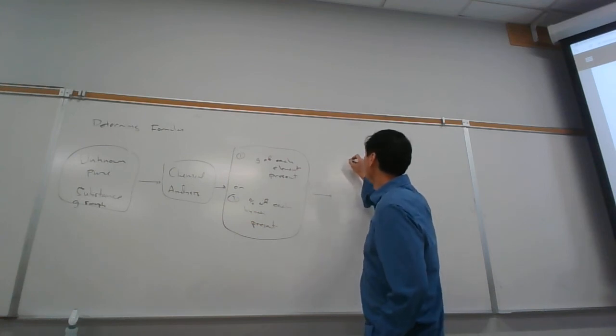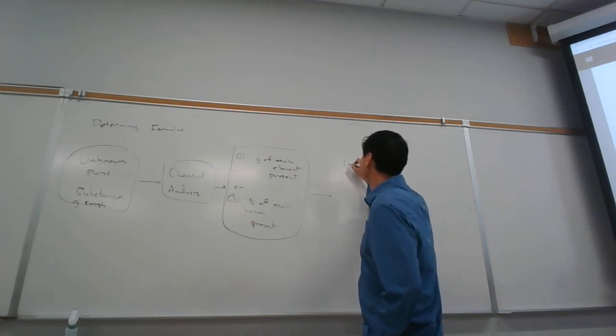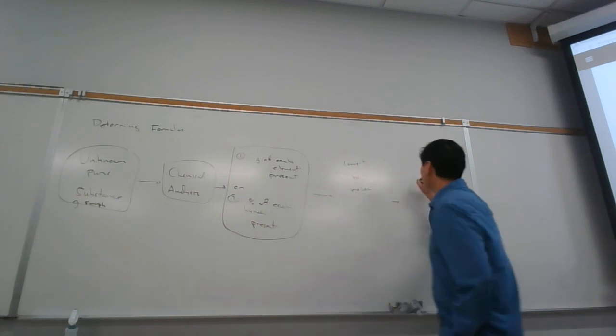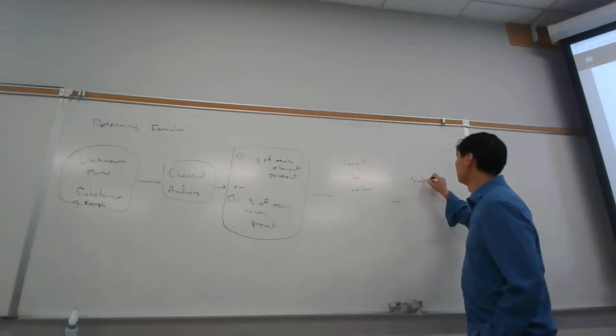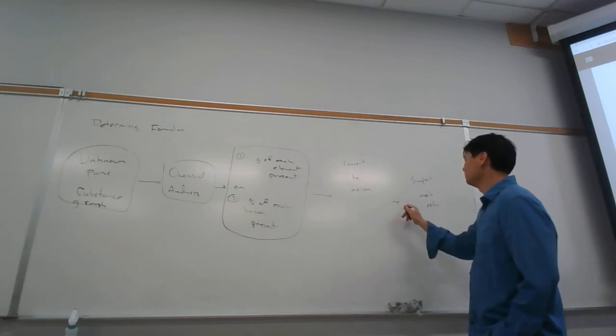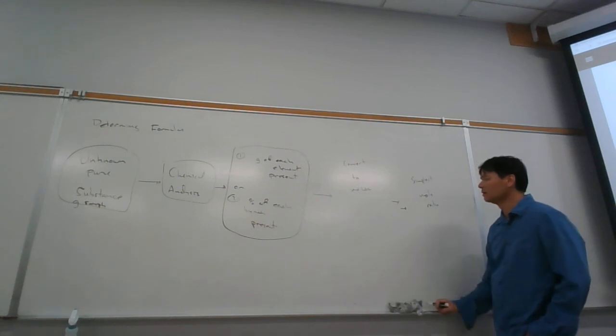And so we want to convert to moles, and then get the simplest mole ratio. Sometimes we have to do 2 steps to get there. Sometimes we can do 1 step to get there.